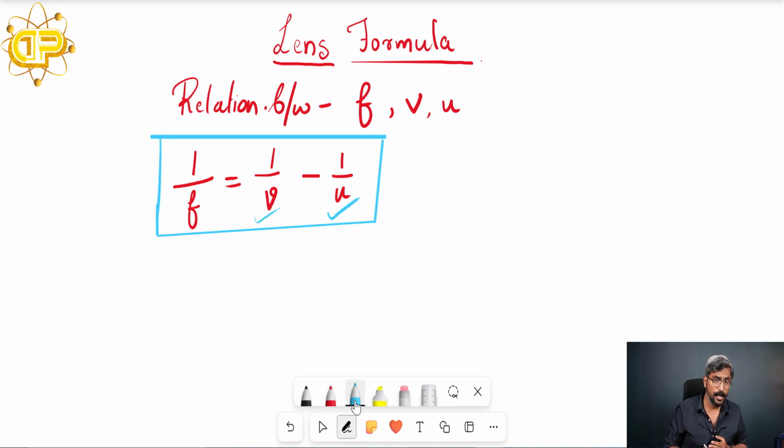Very important question, very important theory, and very important formula. This particular part will give you a good amount of marks for your board exams. So here comes the idea of lens formula and sign convention. Make sure that you give the sign convention correctly and then you will get the answer correctly.